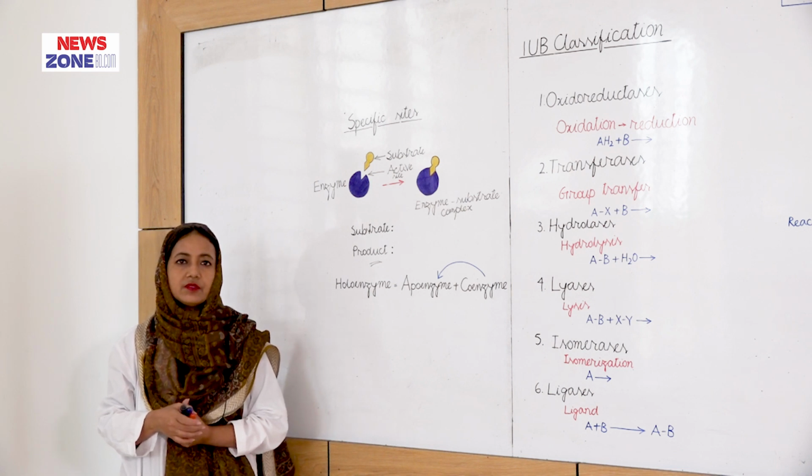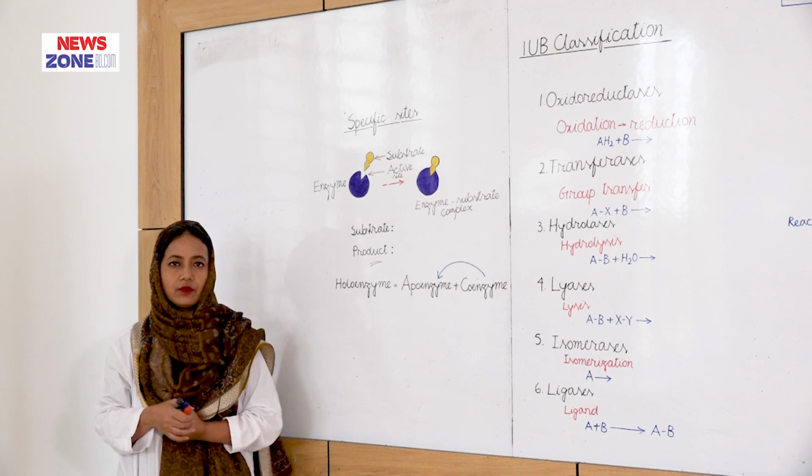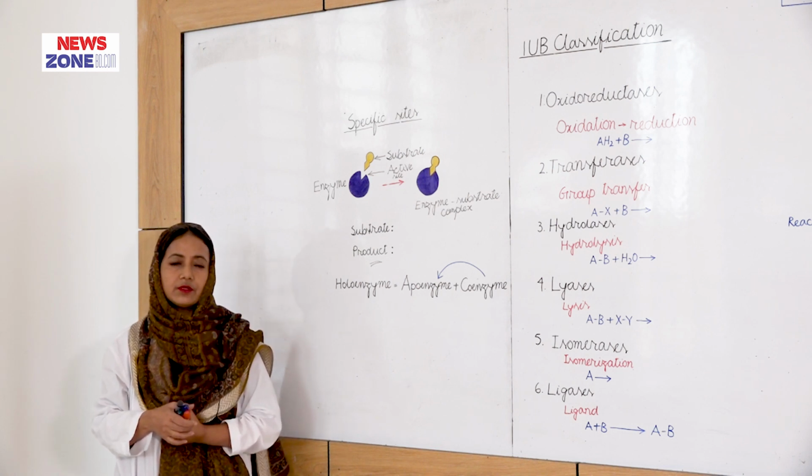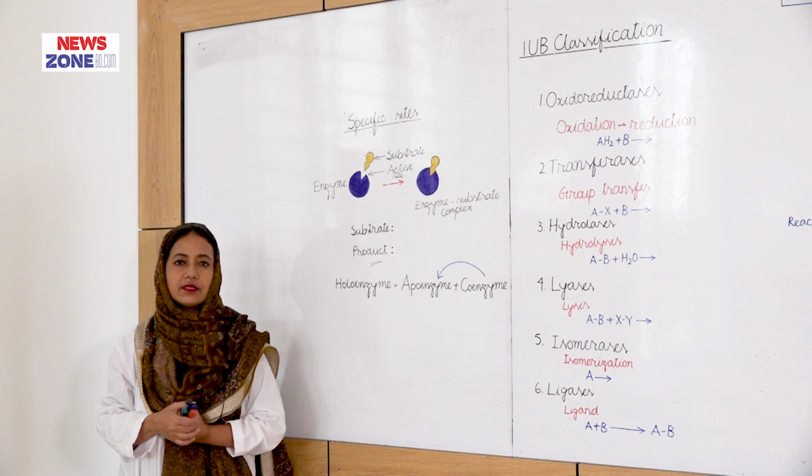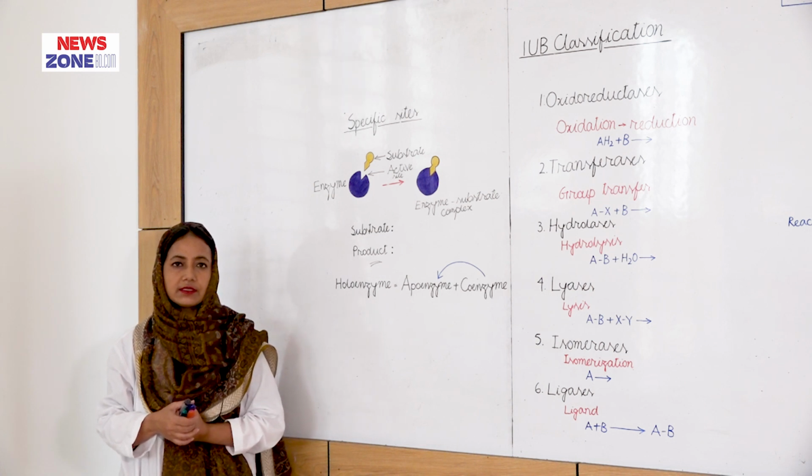To remove this ambiguity, in 1964 the International Union of Biochemistry and Molecular Biology proposed a systematic classification of enzymes. According to this classification, enzymes are categorized into 6 classes.